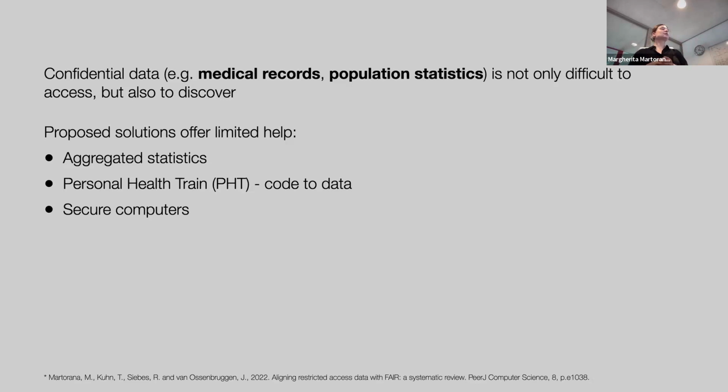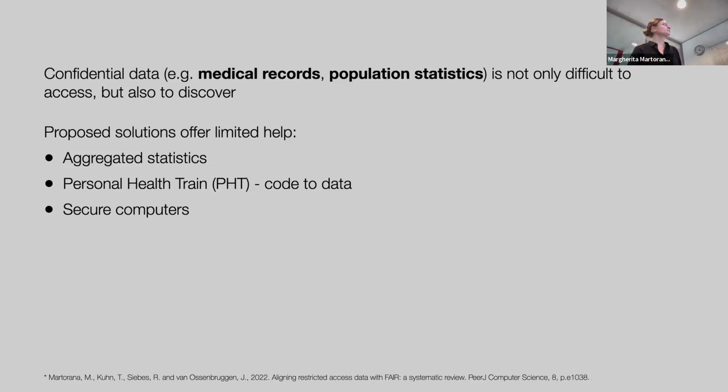Personal health train and secure computers work similarly in a way that the researcher does not get access to the data, but they go to either the cloud or physical computers where you basically run your code, which can help. But before you get to that point, you need to know that the data is actually available, and you need to know how it looks to write a program to run your analysis, right?